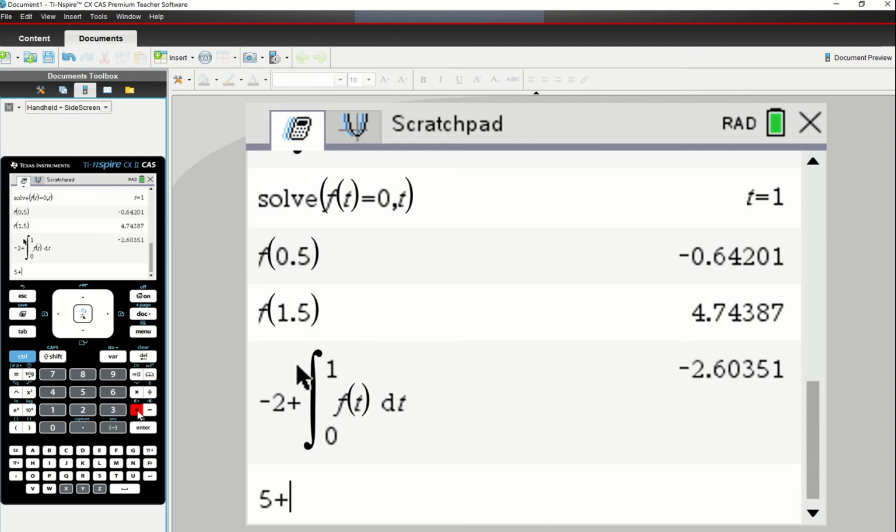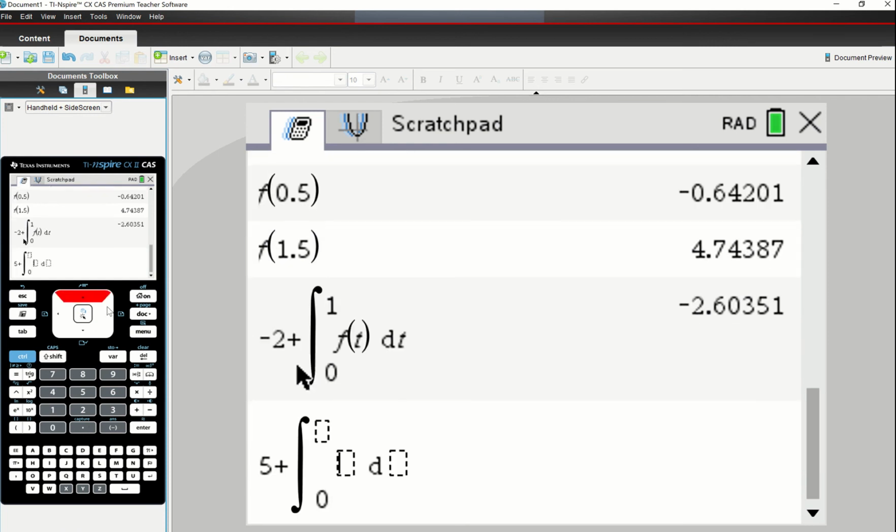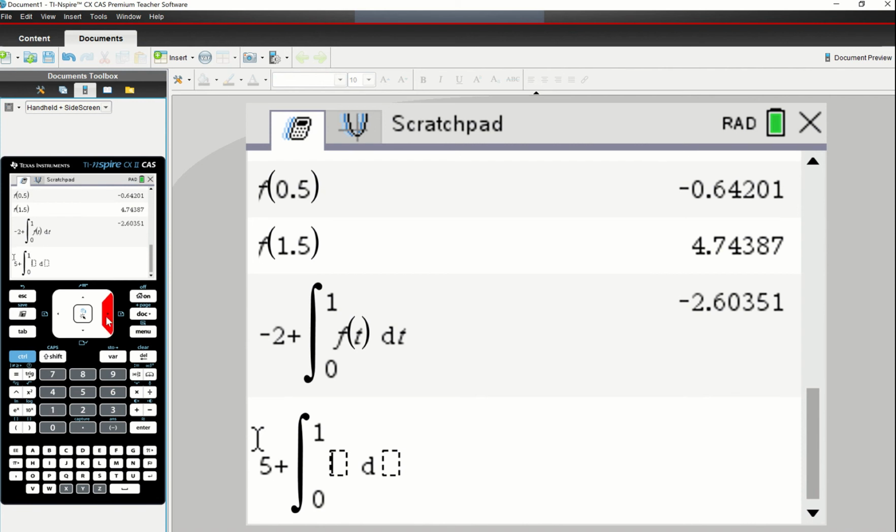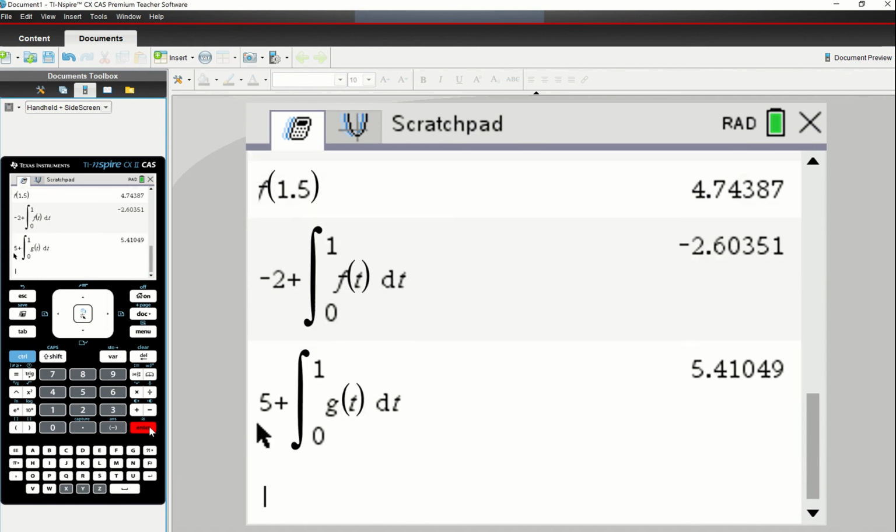Y prime I called g. And I'm getting 5.410.